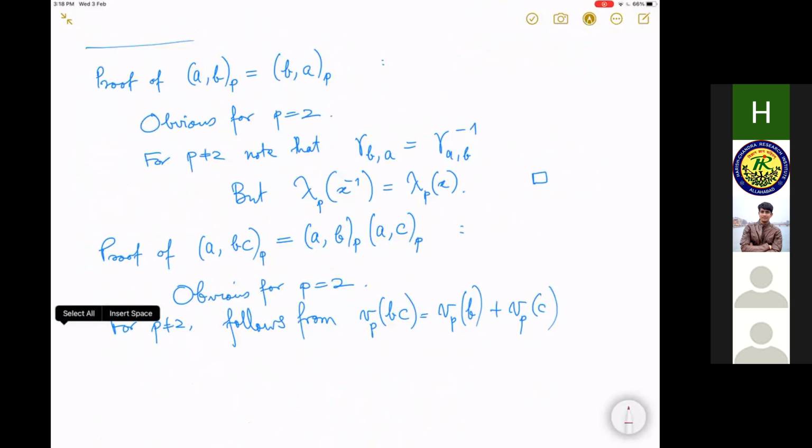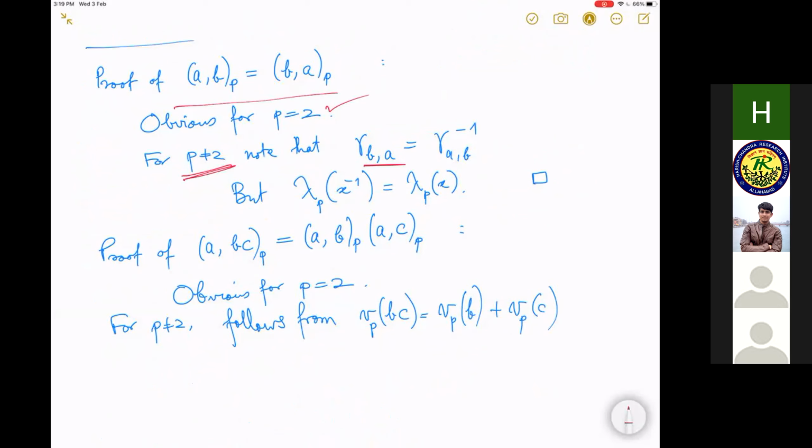For symmetry, it's obvious for p equal to 2. You just look at the formula and see that its definition is symmetric. So it's obvious. For p different from 2, for p odd, let's see what happens when we change a and b in gamma. So the Hilbert symbol was defined using this gamma(a,b), right?